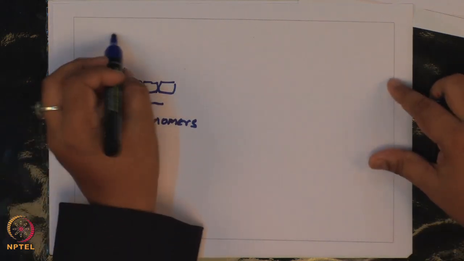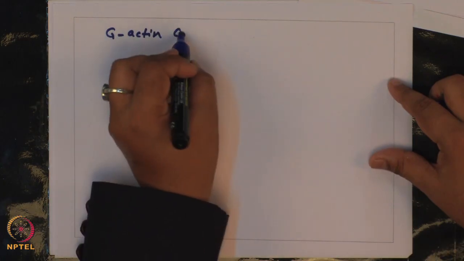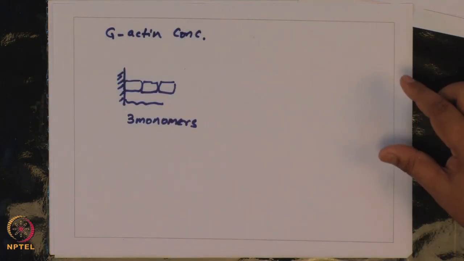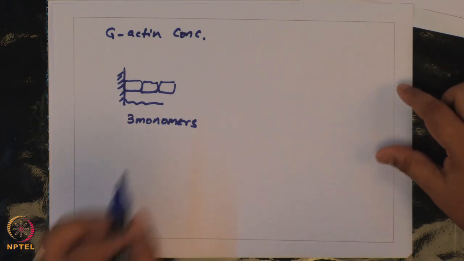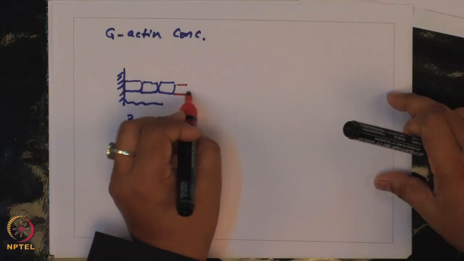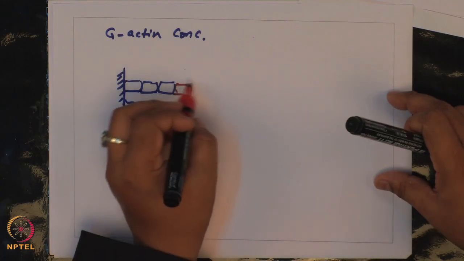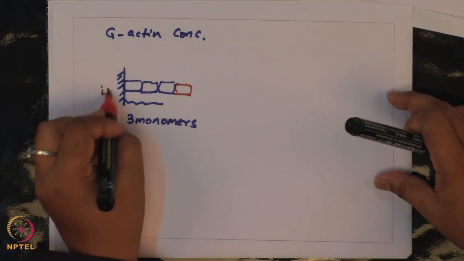So, you can prescribe a G-actin concentration and then simulate. There are 3 possibilities of what can happen here. You can have growth of the filament. This filament can grow, this is one possibility.